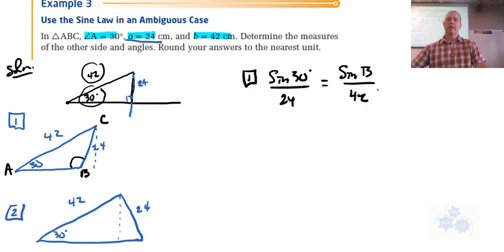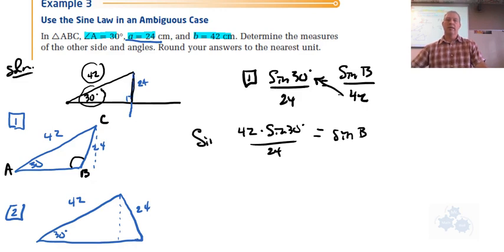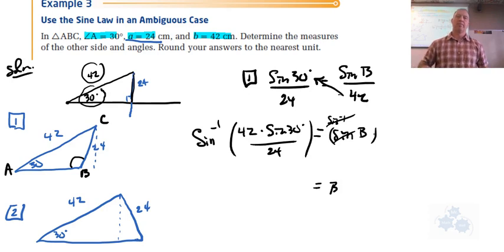Over 42. Thank you. So I'm going to cross multiply. Sine of B is going to be equal to 42 times sine 30 over 24. I'm going to take the inverse sine of both sides, and that's going to give me angle B.